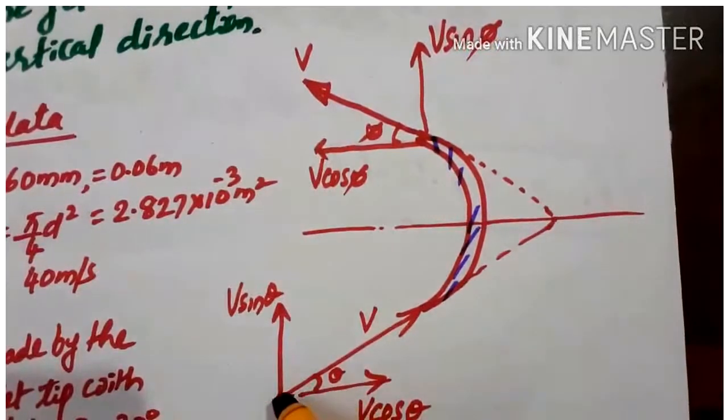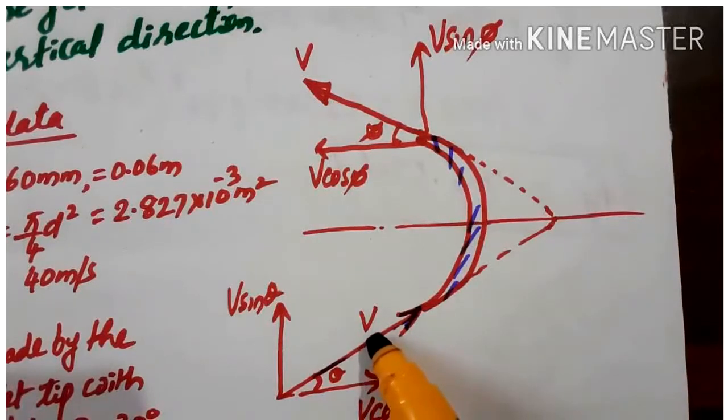Then the velocity of the jet which is striking the vane at one of the tips like this. This is the velocity of the jet, that v is given, and this velocity of the jet is striking the inlet tip by making an angle of theta, that theta is also given in the problem.